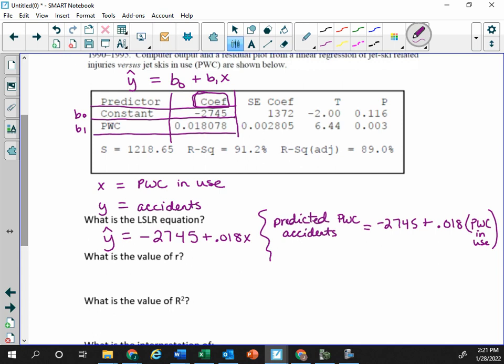Okay, so again, we defined them up above. Either define them or write your equation with words. Either way is fine.